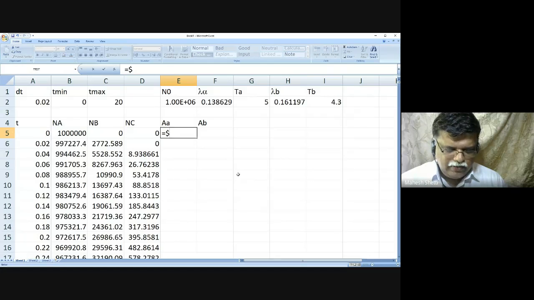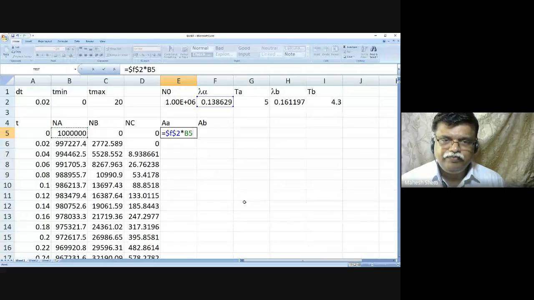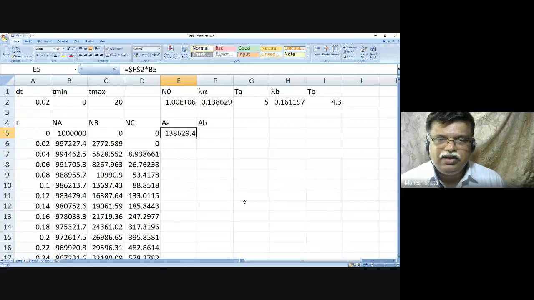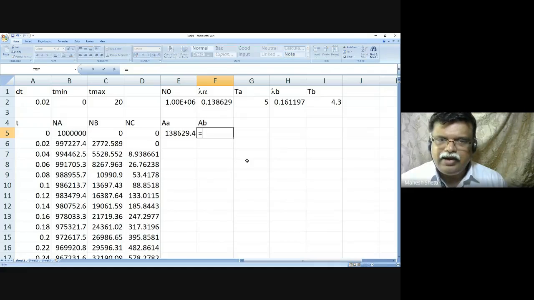So $f$2 multiplied with NA, and in fact here it would have been useful if it is not immediately the next cell. And here I say $h$2 multiplied by NB.